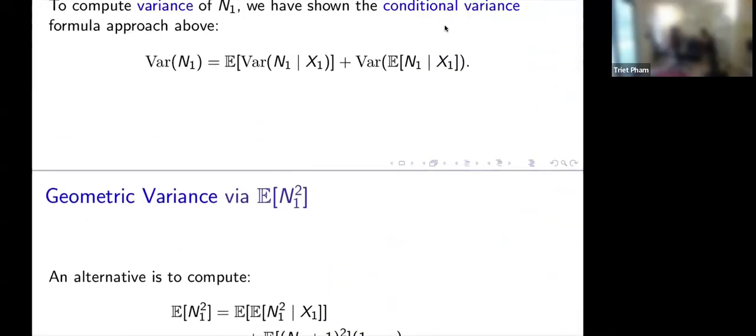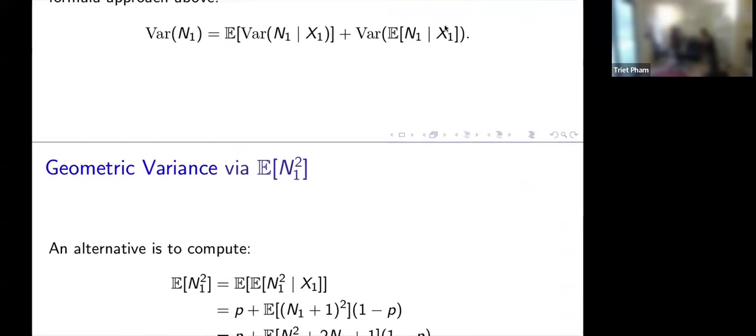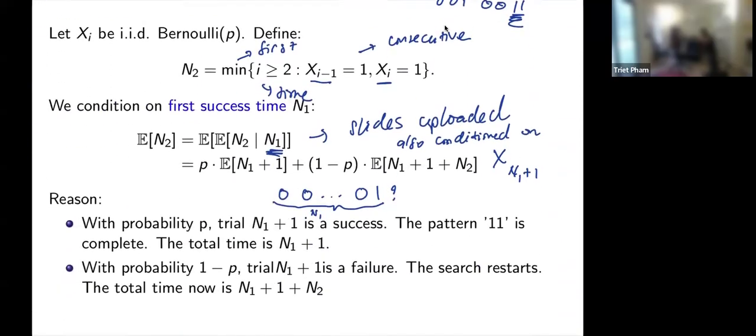Just like we condition on the first trial, we also condition on the trial after N1 to write this down. But after that, everything becomes standard. It's just a small technical point that we want to be clear about: the information we base on is not just the time to first success, but also the result of the trial after that first success.